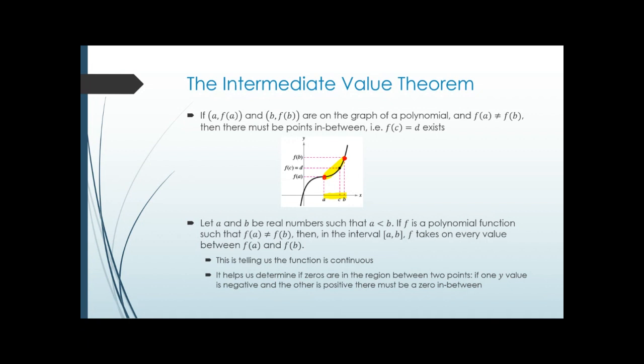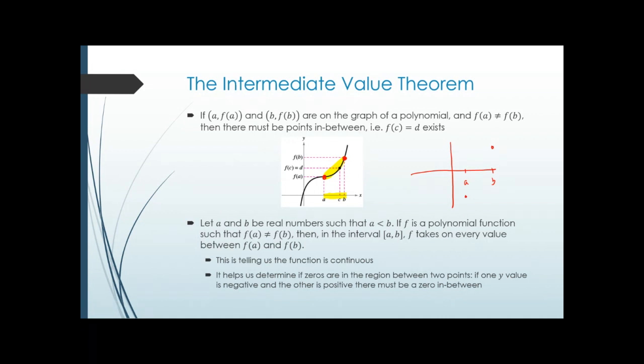And a side effect of the intermediate value theorem is that it helps you determine if there's a zero. Let's say f of A, the y value at A, was negative, and the y value at B was positive. Let me draw that: instead of what we see here, we have A and B, but let's say f of A was here and f of B was here.